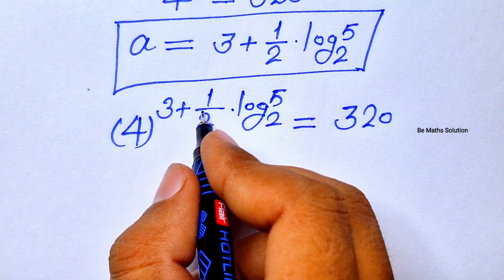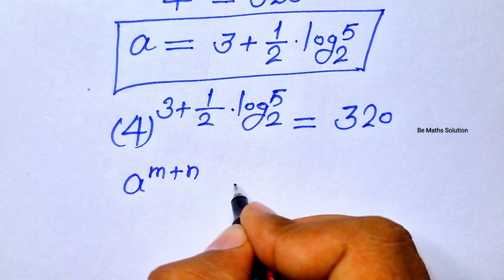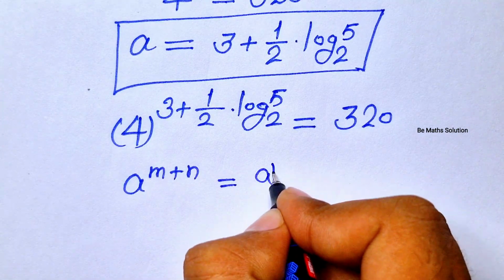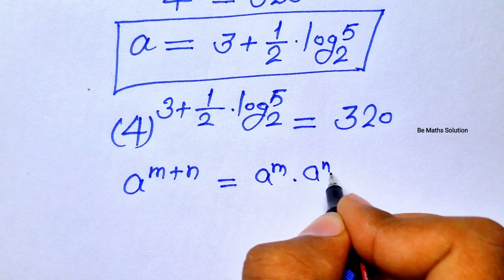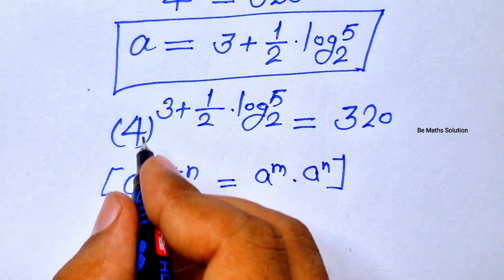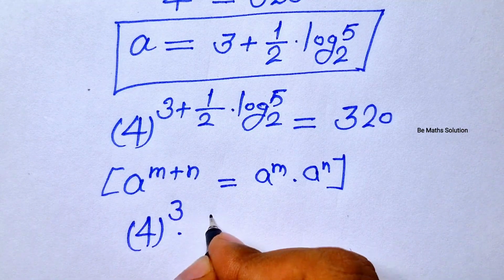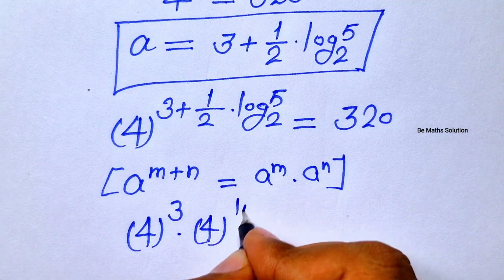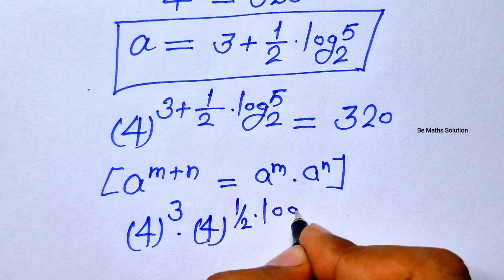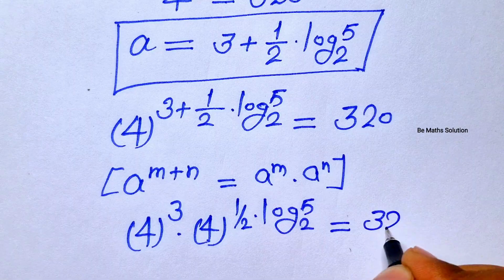Then this part is in the form of a to the power m plus n is equal to a to the power m times a to the power n. So we will apply this exponent rule from here. So it will be 4 to the power 3 times 4 to the power 1 over 2 times log of 5 base 2 is equal to 320.